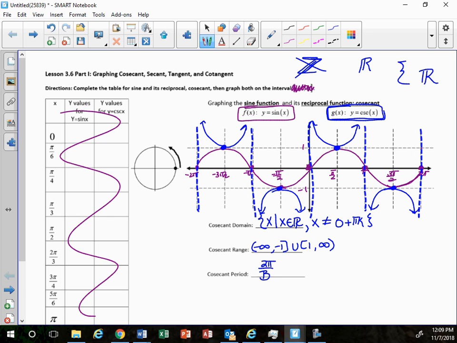No, wait. The half part. X is not equal. Okay. 1 pi over 2 plus pi k. But what about the ends? Oh, you get like little half breaths. Yeah.